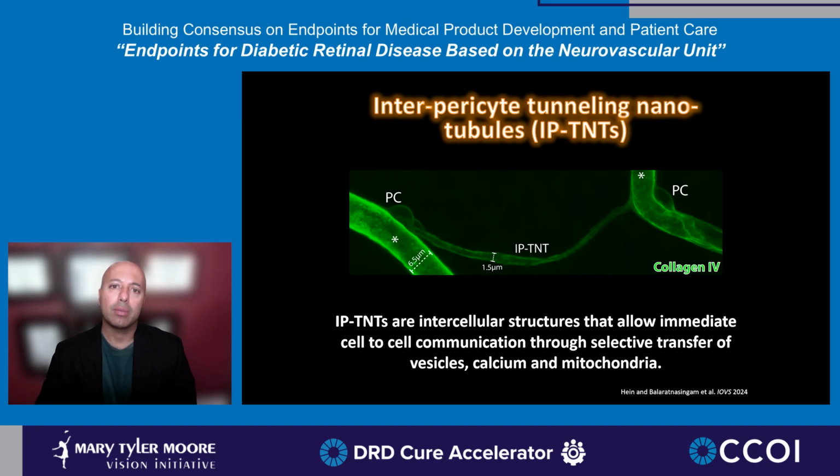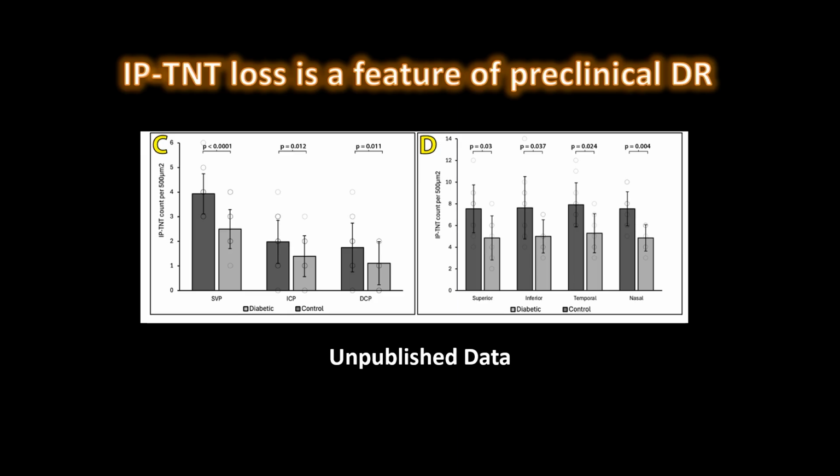These are specializations that connect one pericyte to the next, and it really provides a very fine mechanism of regulating and coordinating blood flow between vascular beds that may be separated by 50 or 100 microns. And the communication through these beds is in the form of calcium signaling and mitochondrial movement.